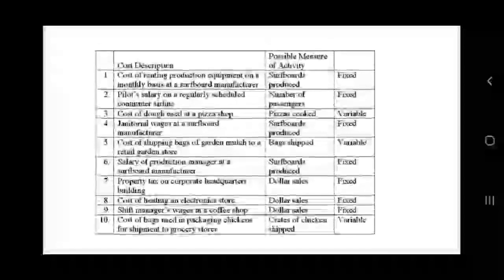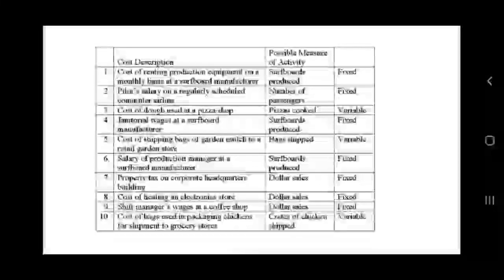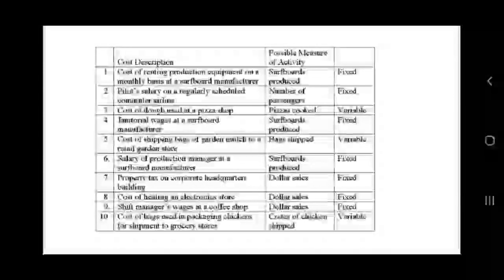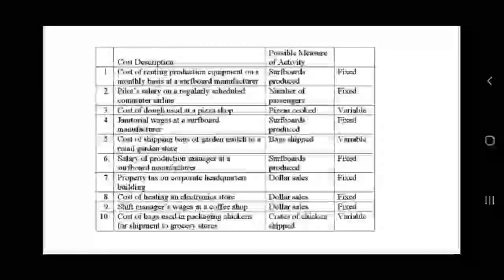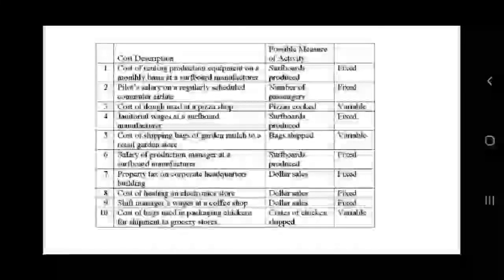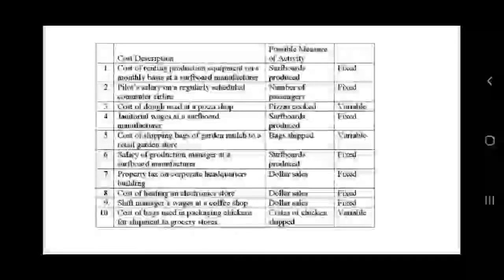So now, back to item number 1. Cost of renting production equipment on a monthly basis at a surfboard manufacturer. Another thing that you see here is the possible measure of activity. In item number 1, the measure of activity is the number of surfboards.